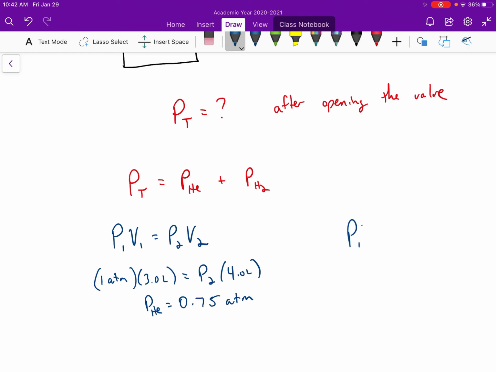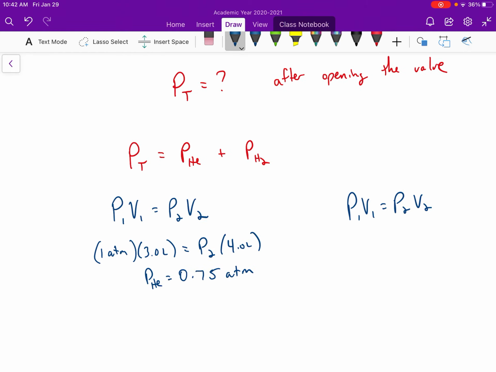So now I can do that again. I can say that my initial pressure was 2, my initial volume was 1 liter, equals the pressure of hydrogen times 4 liters.